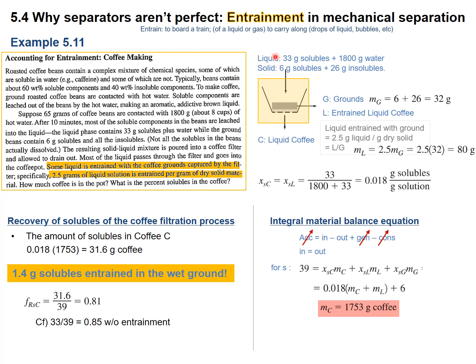This is a mixture of liquid phase and solid phase. 33 gram solubles from coffee plus 1,800 gram water is the liquid phase. The other thing is the solid phase, and the solid phase contains 6 gram solubles in coffee plus 26 gram insolubles of coffee.